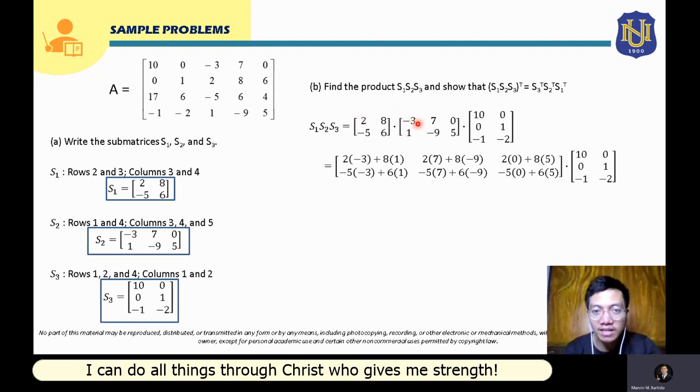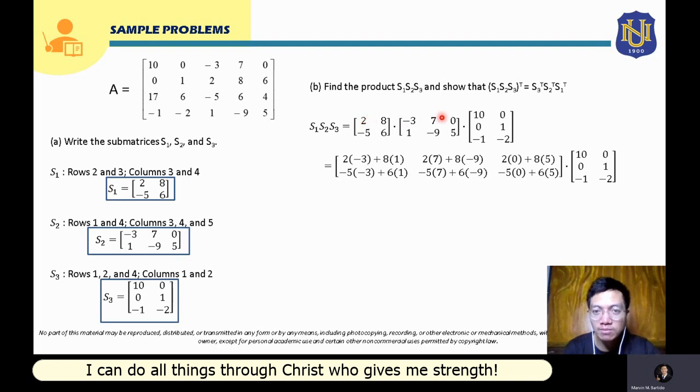That will be 2 times negative 3 plus 8 times 1. That will be the element in the first row and first column.